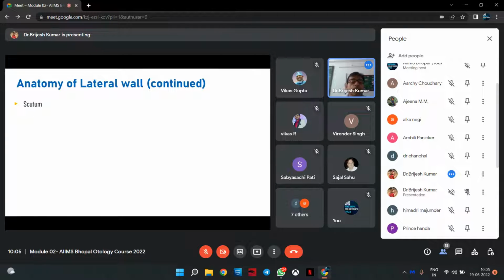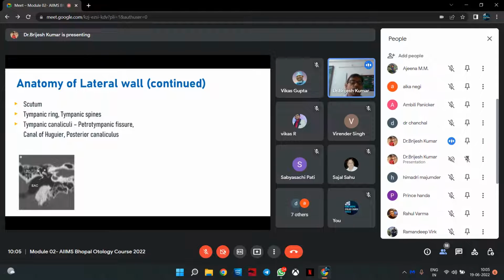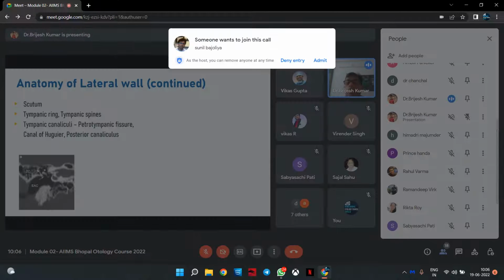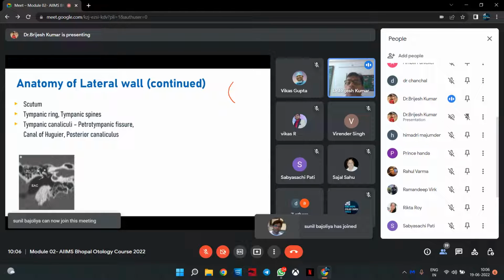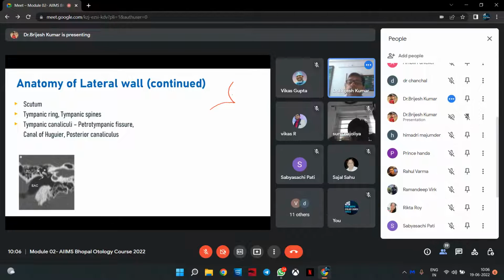This scutum, and these are the other bony parts which we will see. The outer wall of the epitympanum meets with the superior wall of the external auditory canal, and this sharp bony spur is formed.